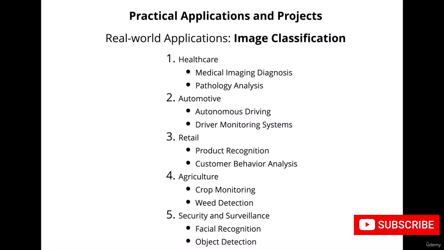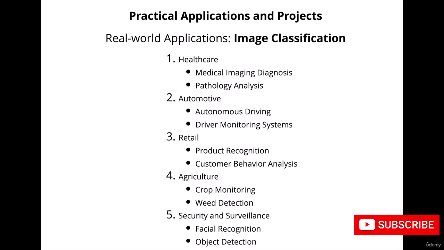In retail, product recognition. Image classification is employed in retail for product recognition and visual search applications. Retailers use ML models to automatically classify and categorize products based on their images, enabling features like product recommendation, inventory management, and visual search in e-commerce platforms. Customer behavior analysis.